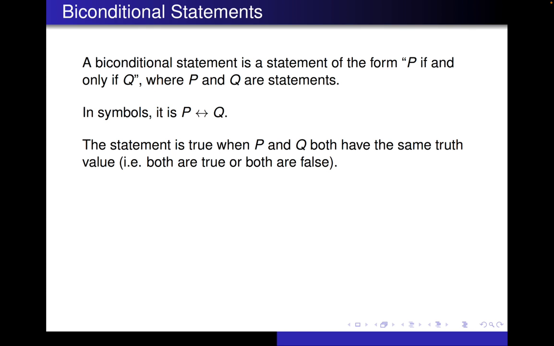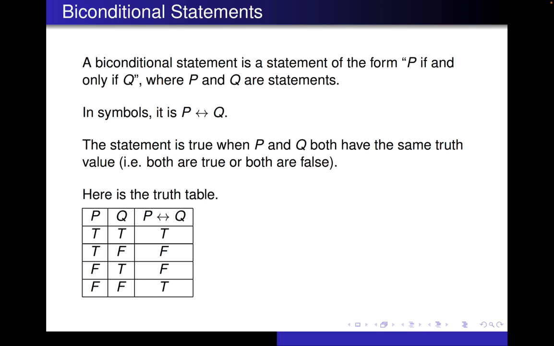Either they're both true or both false, and then they are false otherwise. Here's what the truth table looks like. Notice that on the top and bottom row you get true because both P and Q are true, or both P and Q are false. And the middle two, where one of them is true and one of them is false, P if and only if Q is false.